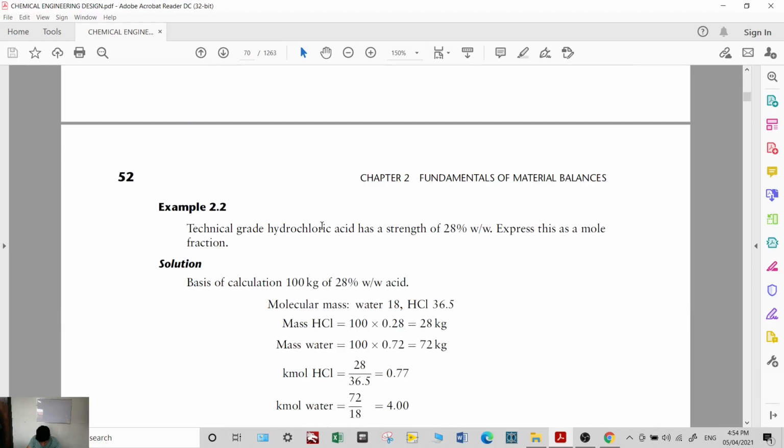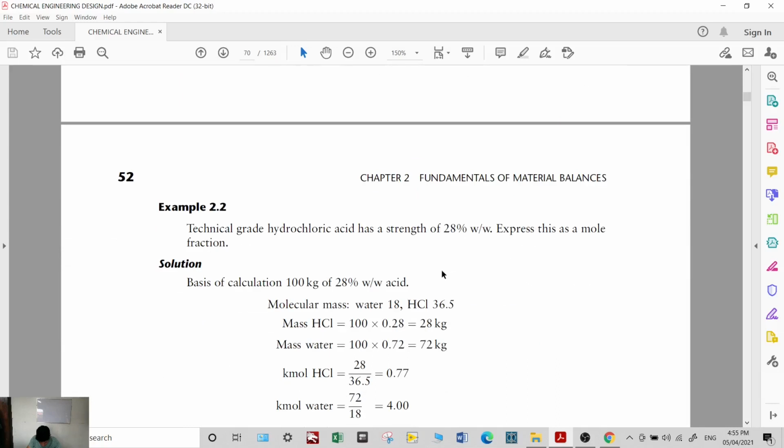Okay, so we have a problem, and we have an example wherein you need to convert hydrochloric acid with a chemical composition of 28% by mass basis or weight basis, and express this as a mole fraction.